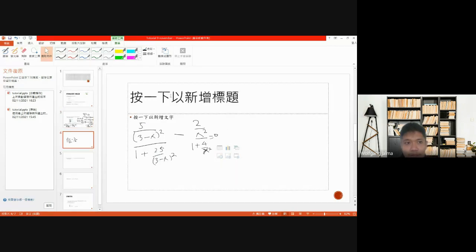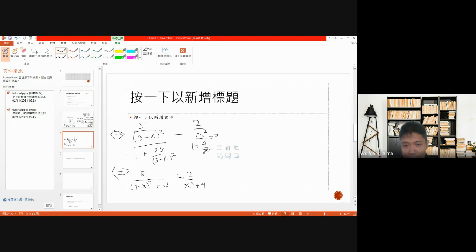And so this one is equal to 5 over 3 minus x squared plus 25, minus 2 over x squared plus 4, right, equals 0.